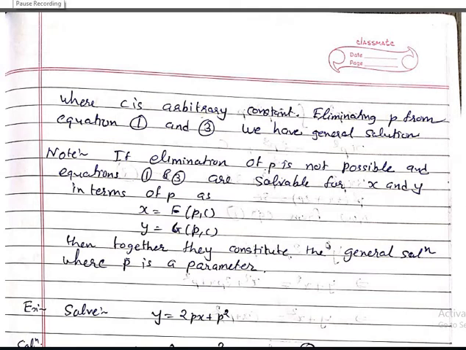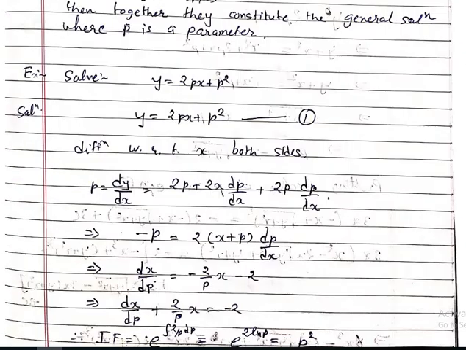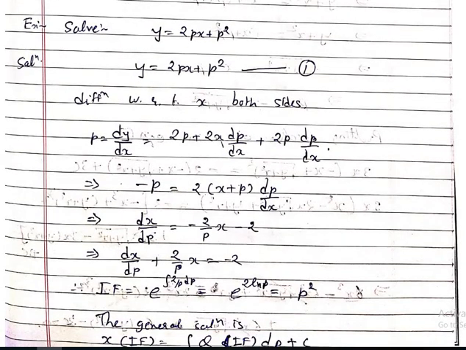Okay, so this is another way to show the solution. Now first we start by solving the equation y is equal to 2px plus p square. That means y is a function of x and p. So differentiate with respect to x on both sides.